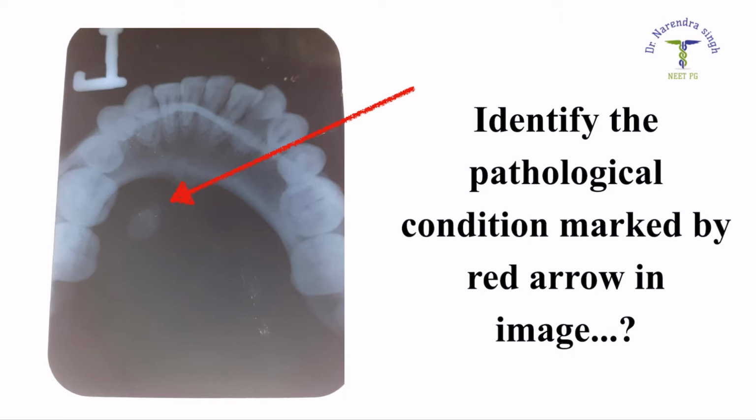We took the history and did a bimanual examination, and we found a hard swelling on the floor of the mouth on the left side. It was stony hard in consistency, and there was a slight swelling in the left submandibular region.